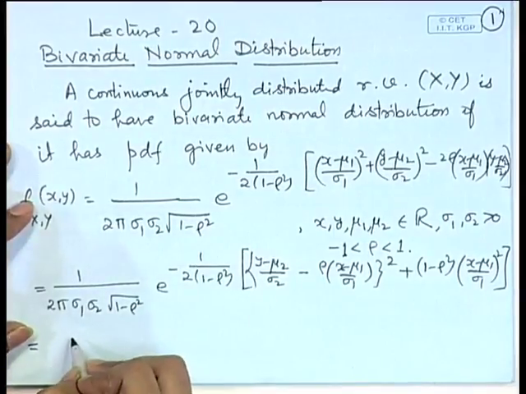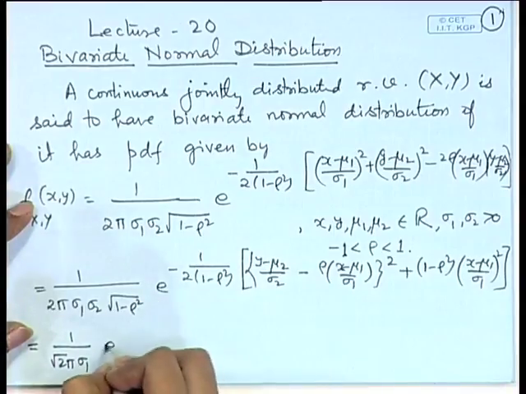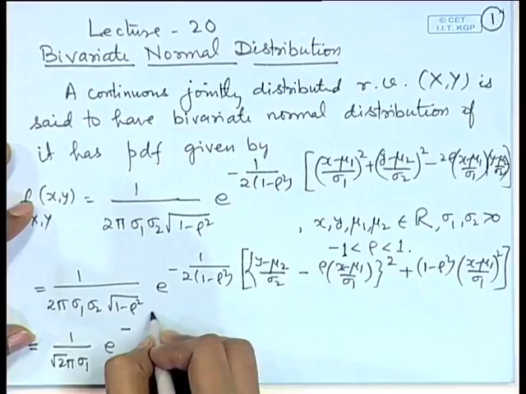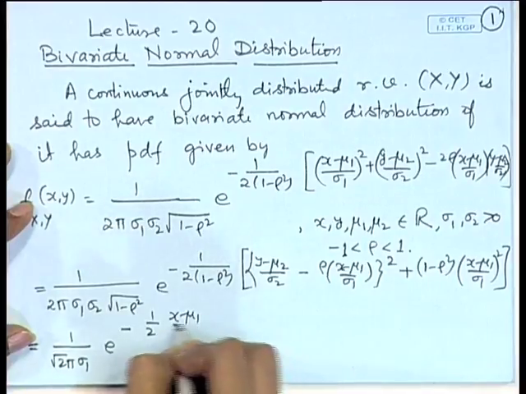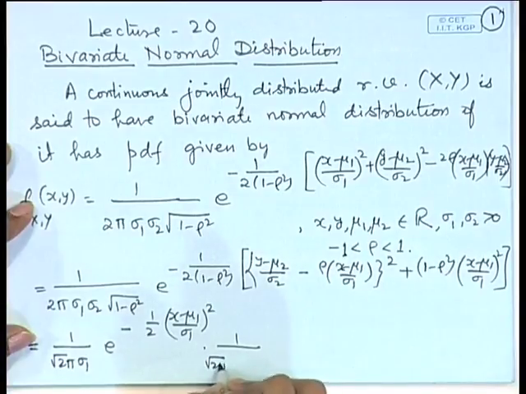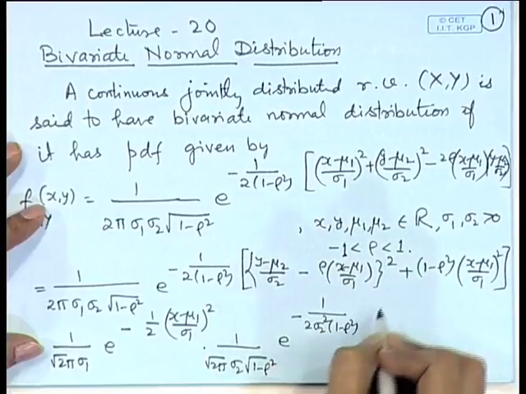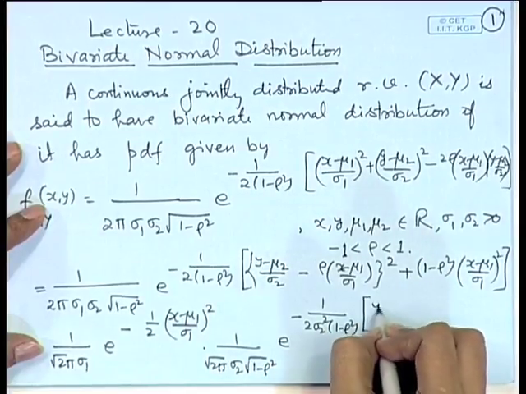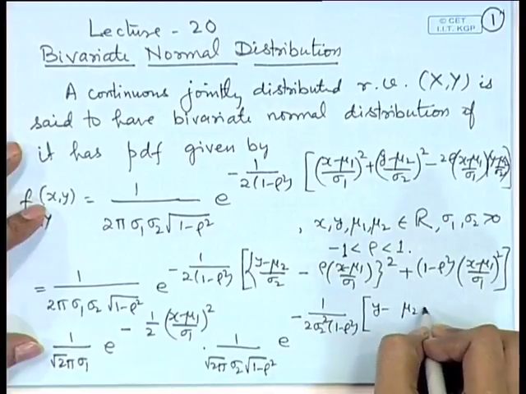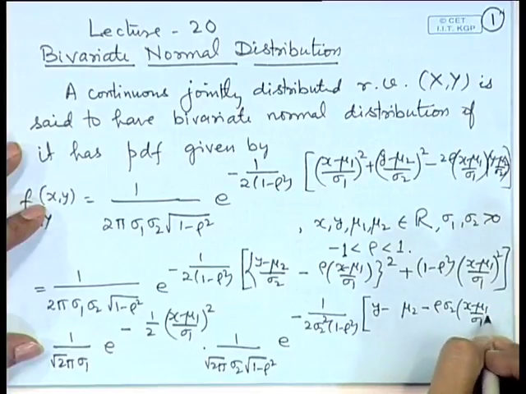which we can write as 1 by root 2 pi sigma 1, e to the power minus 1 by 2 ((x minus mu 1) by sigma 1) square, and 1 by root 2 pi sigma 2 root 1 minus rho square, e to the power minus 1 by 2 sigma 2 square (1 minus rho square) times (y minus mu 2 minus rho sigma 2 (x minus mu 1) by sigma 1) whole square.